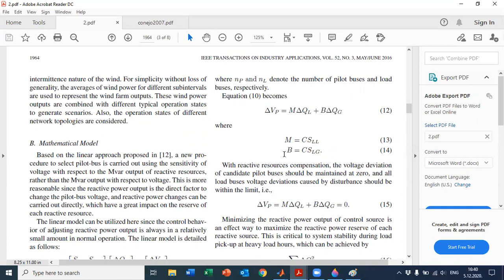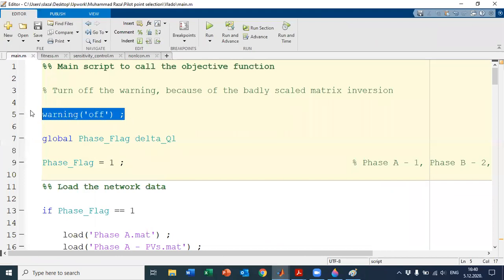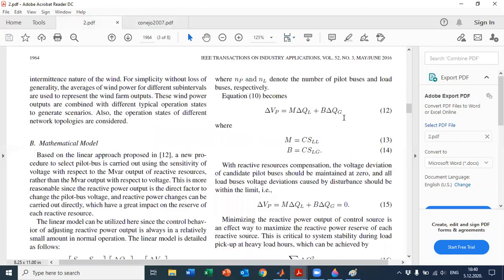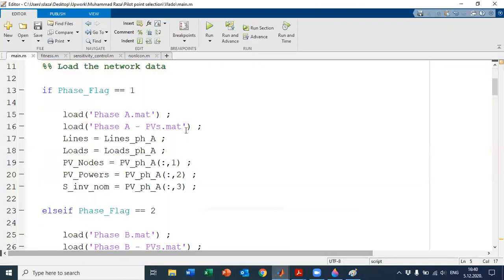So in order for MATLAB not to generate any warnings, we just use warning off, which turns off the warnings during the simulation, because we're calling the objective function where this matrix is inverted a number of times. We don't want MATLAB to give us warnings every time we do that.